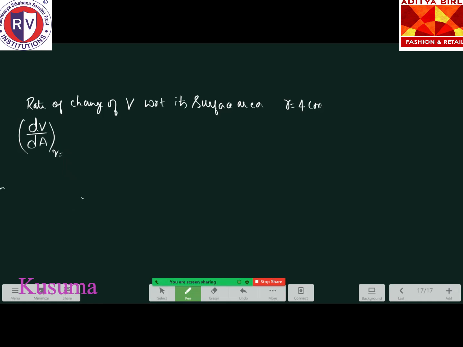You should know what the volume is and what the surface area is. If you know, you can find dV by dA and substitute r is equal to 4. Just now we saw that the volume of a sphere is 4 by 3 pi r cube.